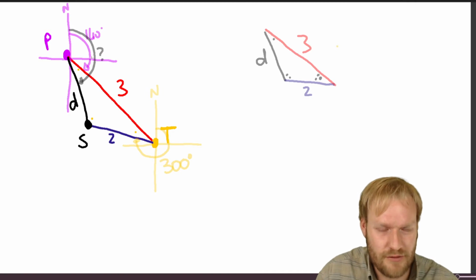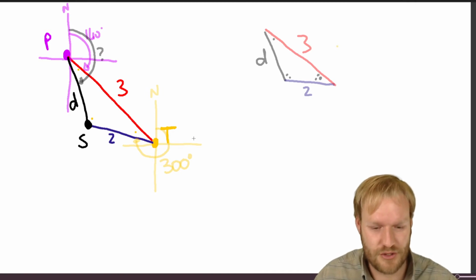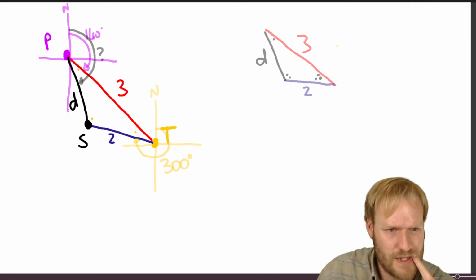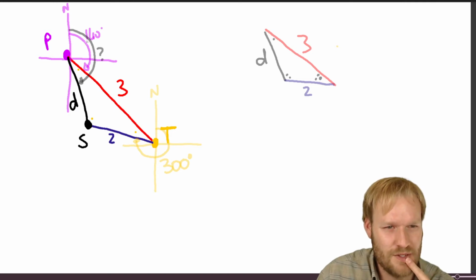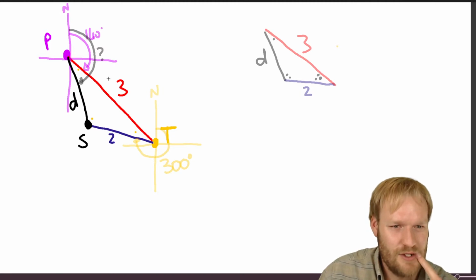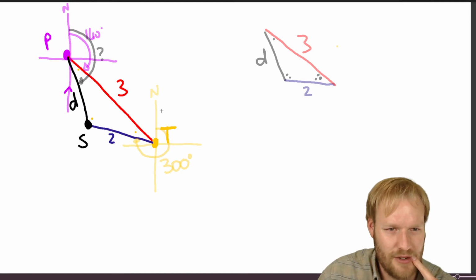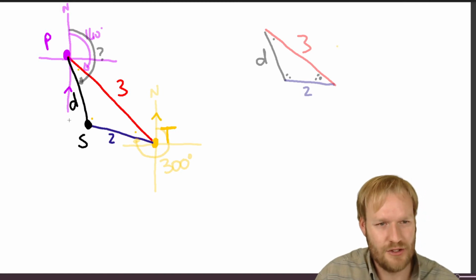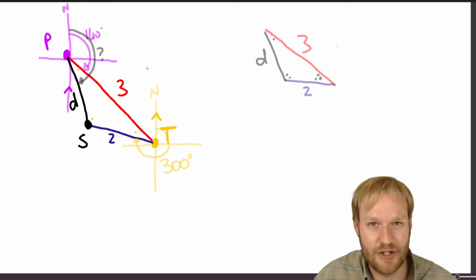I'm hoping you've had some ideas here of working with this 140, working with this 300. Let's see, because there are a few ways you could think through this. As a hint, you could think of this line being parallel to this line. So perhaps there are some alternate angles.